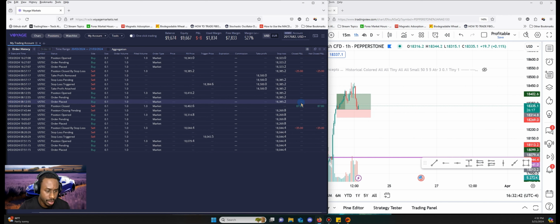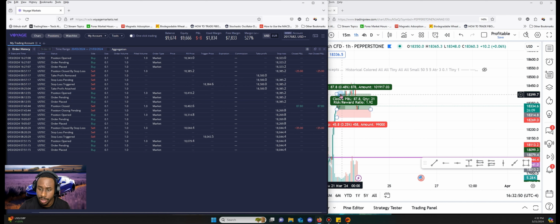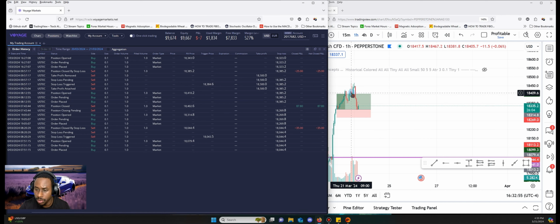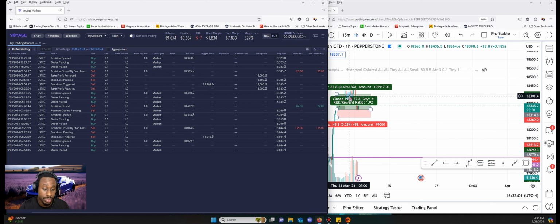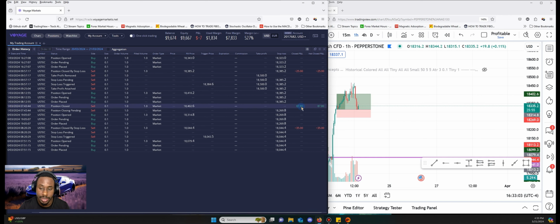And then I closed that one, and then I re-entered now. So I closed that one at 743. Does it match here? I closed that one around, on which candle? This candle. So I closed that one on the 743 candle for a profit of 87.80.